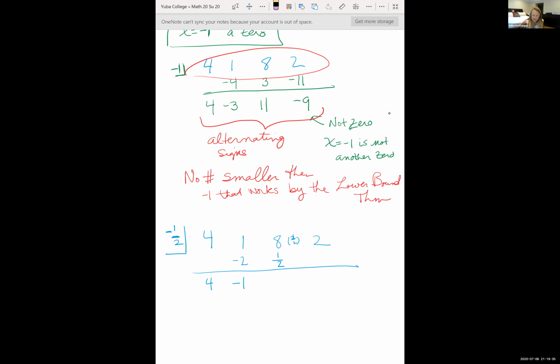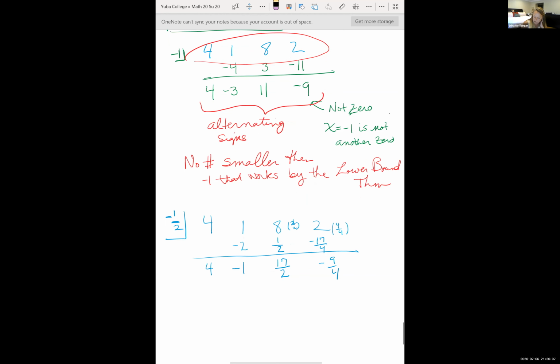So this is 16/2 plus 1/2 is 17/2. -1/2 times 17/2 is -17/4. Common denominator. So this is 8/4 minus 17/4 is -9/4. Okay. Again, this is alternating signs, so it is a lower bound, so -1/4 could work.